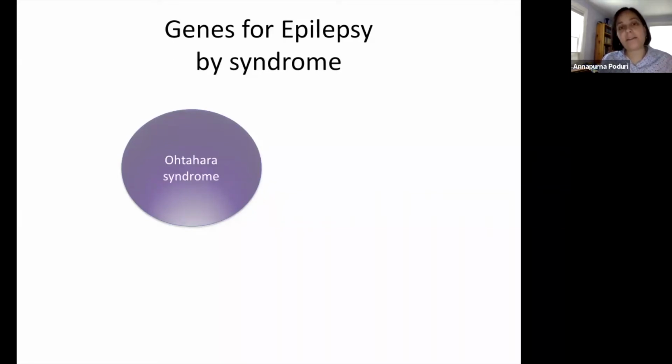But what that tells you is if you see a baby in the NICU, let's say, or consulted to the NICU, and they have what looks like it might be evolving into Ohtahara syndrome, you should be thinking KCNQ2, SCN2A, handful of other things.